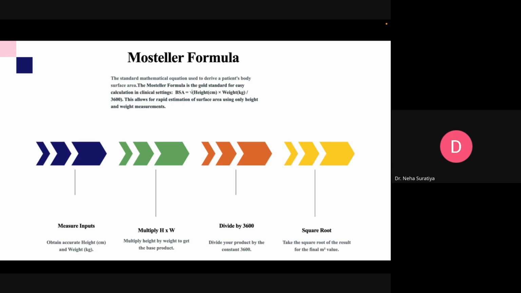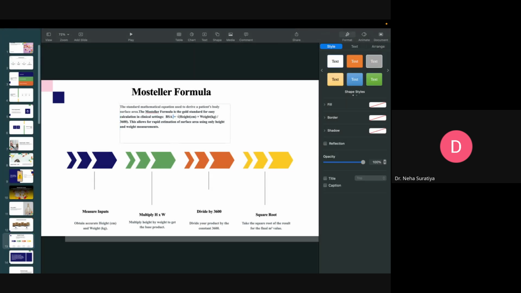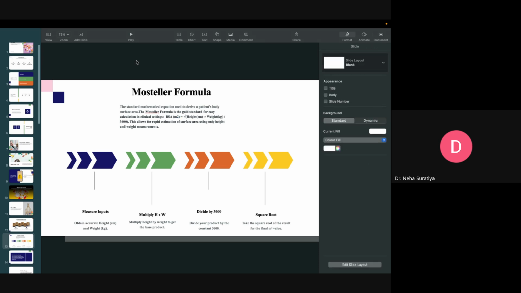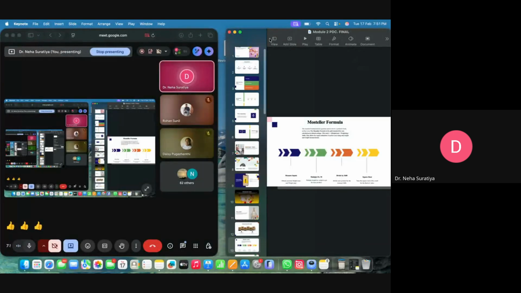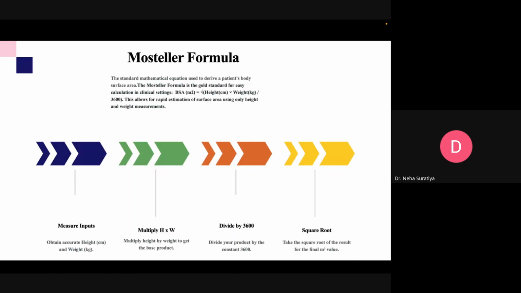Then divide it by 3600, the standard constant, and take the square root of the result for the final value in square meters. Just a minute, I need to write here that this BSA will be in meter square, so the superscript will be there. I hope it is understandable. This is how you need to calculate. Is it clear?